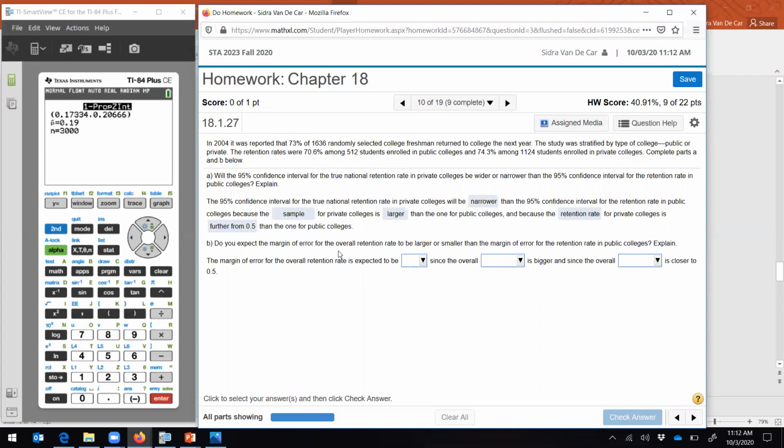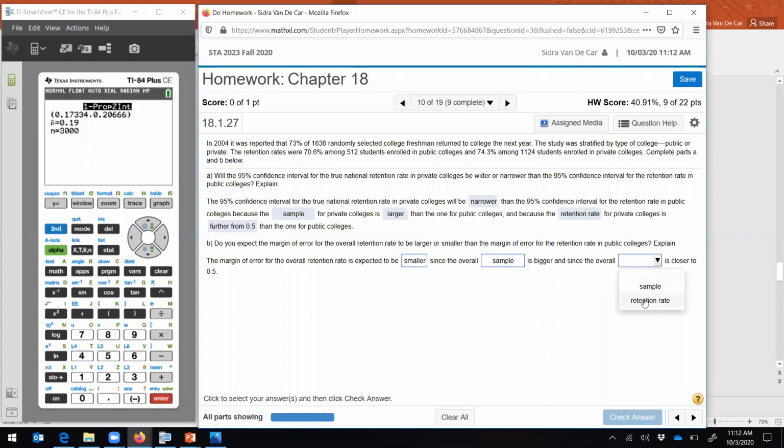Well, I would assume that if it's stratified by type of college, then this percentage was getting, oh, it's right here. It is the 1636, the combination of these two. So this is going to have a smaller margin of error because the sample size is larger there. So the margin of error for the overall retention rate should be smaller since the overall sample is bigger.